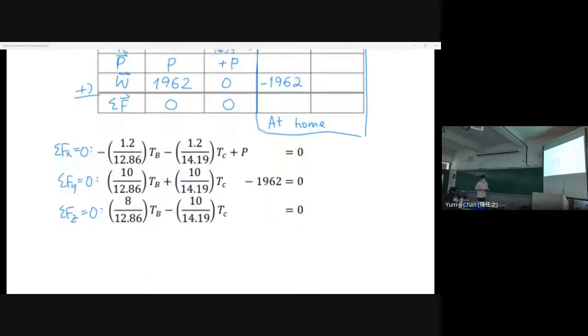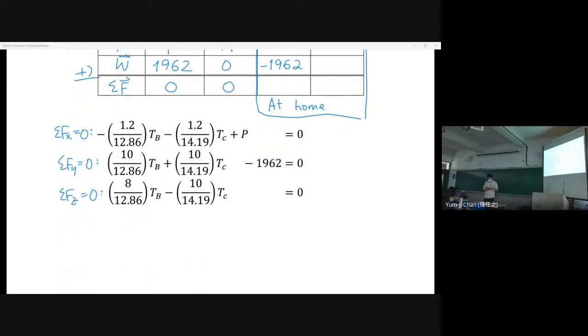And from here, you can solve the equations by hand or use a calculator. And we have TB equals to, let me write the answer down here.